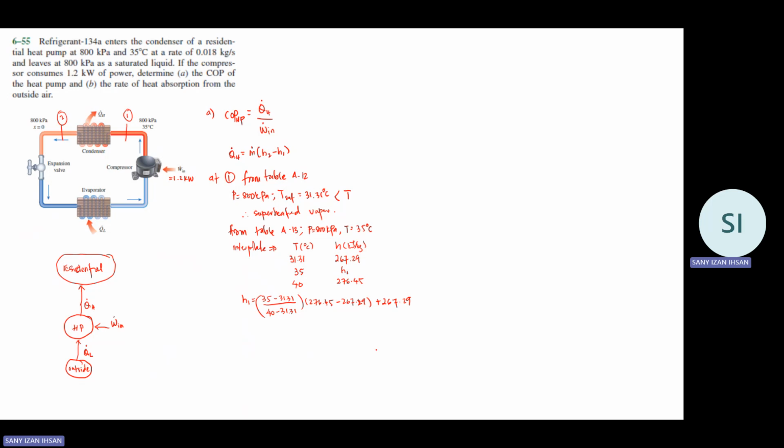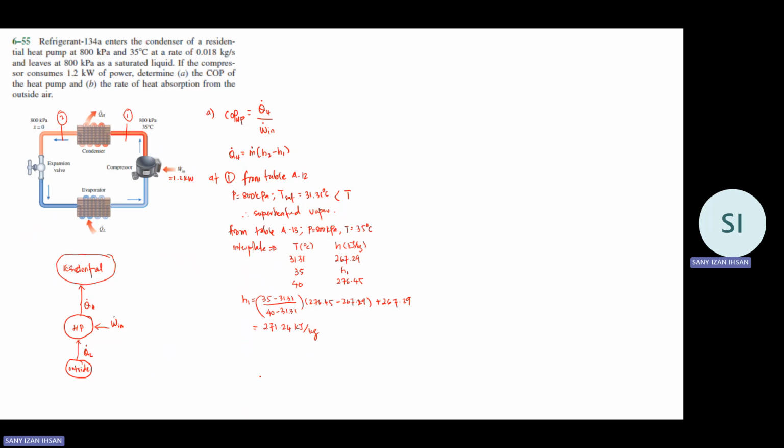Okay, you should be able to get this relation. And if you calculate this, you'll have H1 equals 271.24 kilojoule per kilogram. That will be your H1, interpolating from table A13.